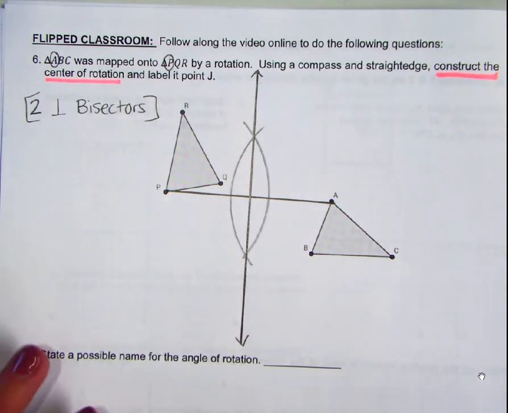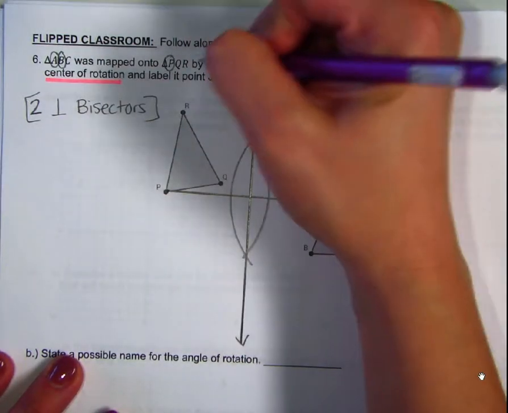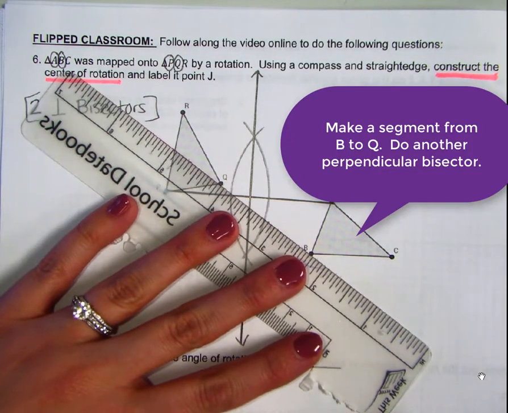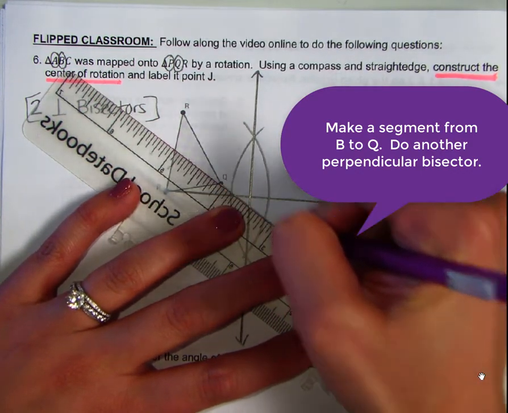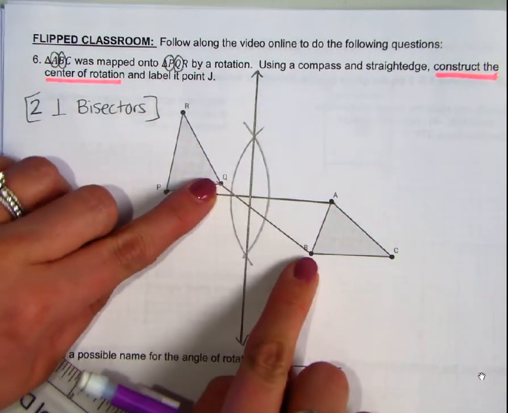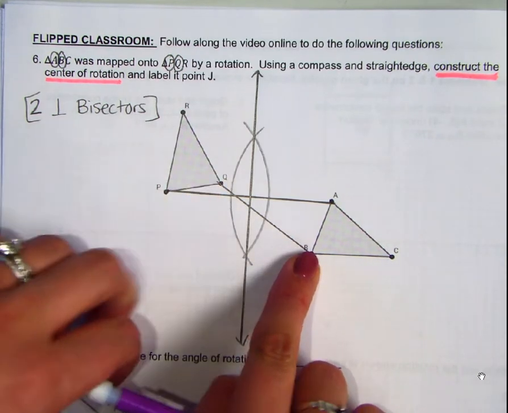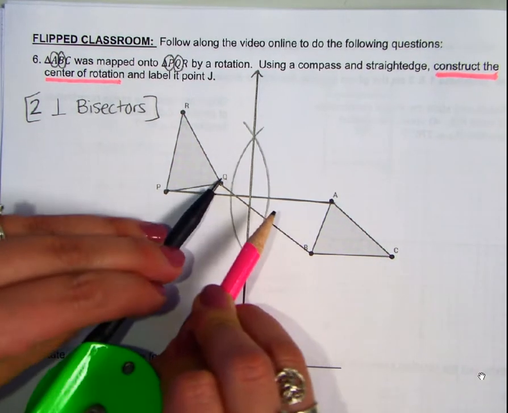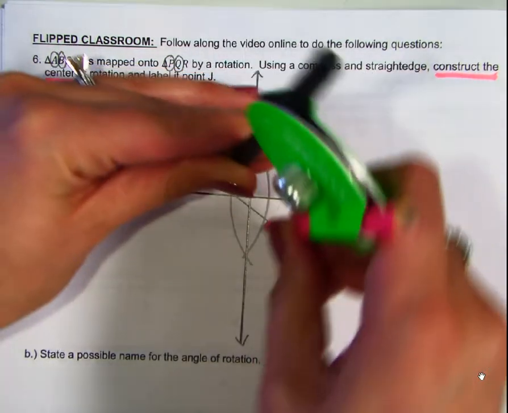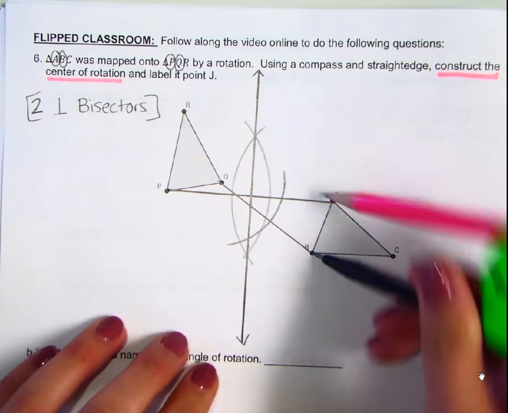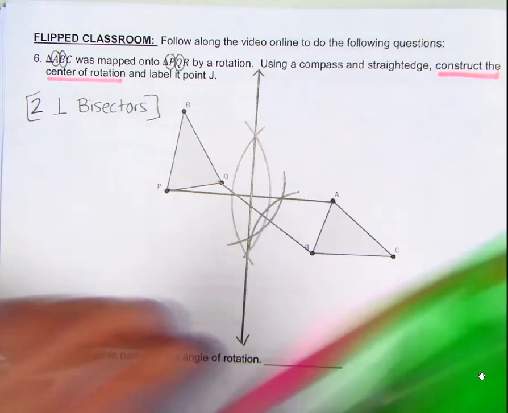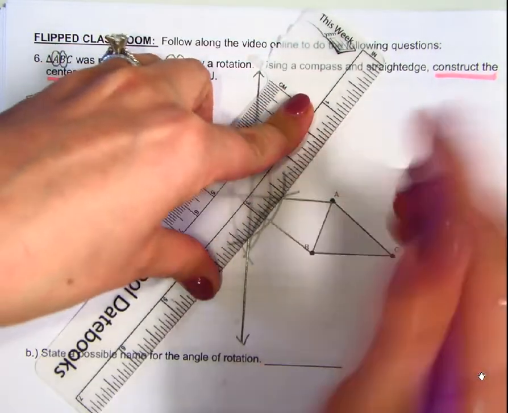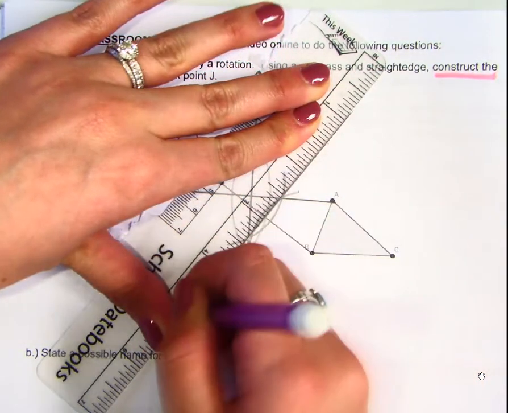The next set of corresponding points would be B and Q. You're going to connect points B to Q to make a line segment. You need to do another perpendicular bisector between endpoints Q and B. Okay, line your straight edge up right through those intersections to make your second perpendicular bisector.